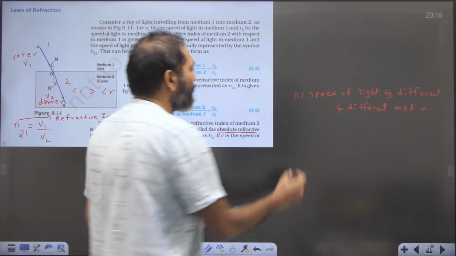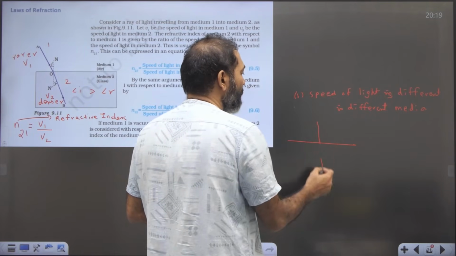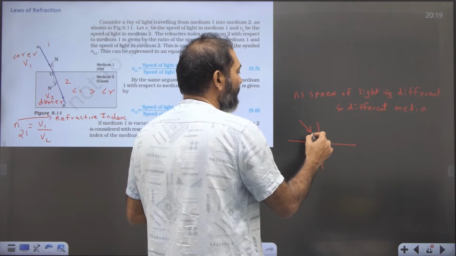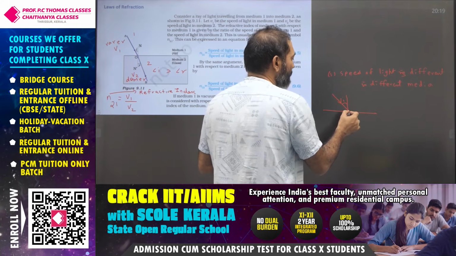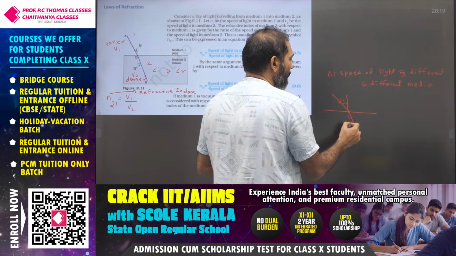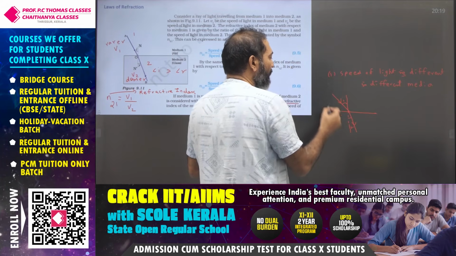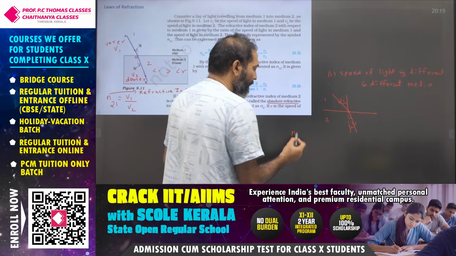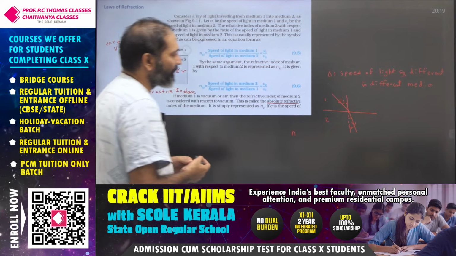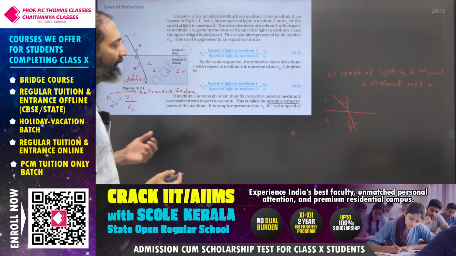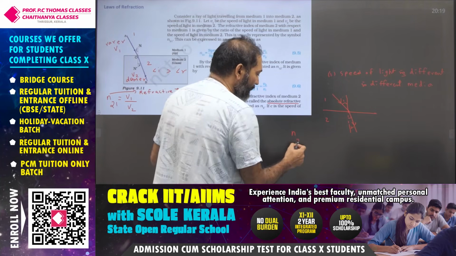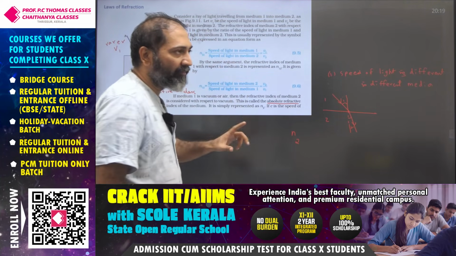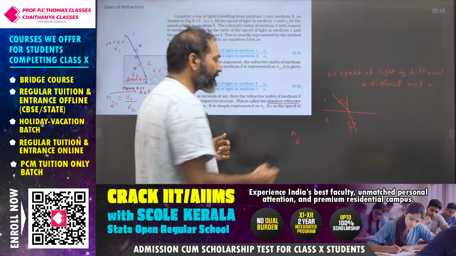Again I am repeating, this is the normal, this is the incident ray making an angle of incidence I, this is the refracted ray making an angle of refraction R, this is medium 1, this is medium 2. So, how to write this? The medium in which light ray has entered is written first. The medium from which light ray started is written second.